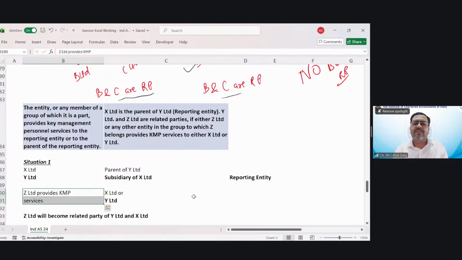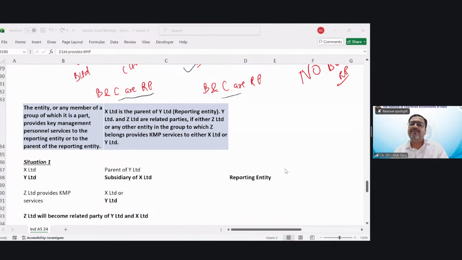Have you heard about virtual CFO services? Right now a lot of CA firms are engaged in providing virtual CFO services. For example, if a startup hires a CFO, it will cost them 2 crore, 2.5 crore, 1.5 crore rupees.